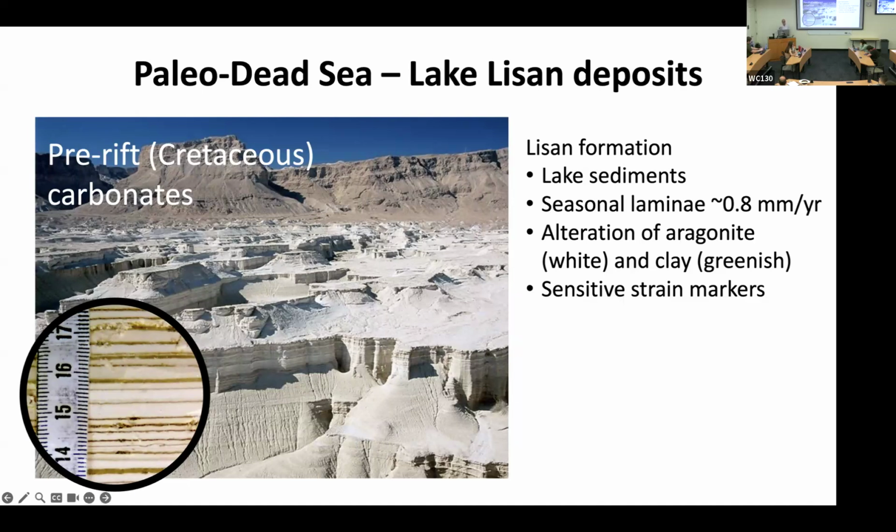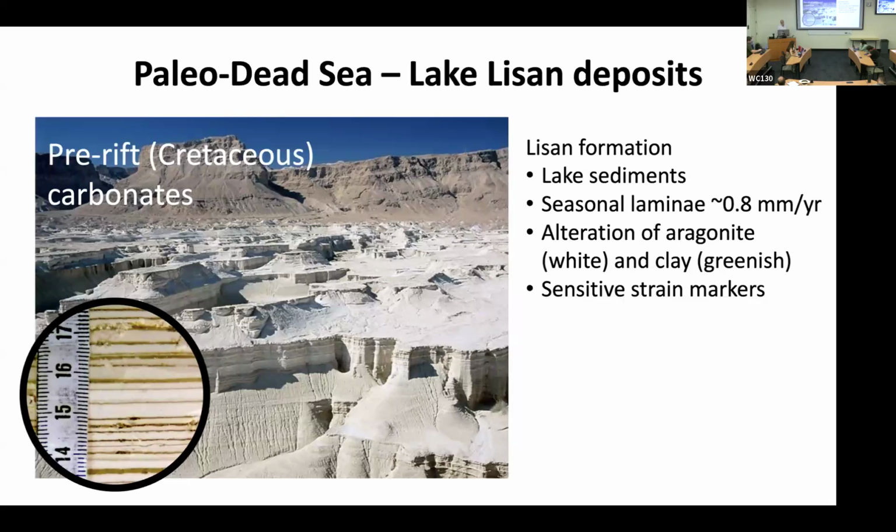So what happened is that during the rainy season, the clay was accumulated by floods that came from the mountains. And during the dry season, there was a chemical deposition of aragonite. And we have this sequence over here.